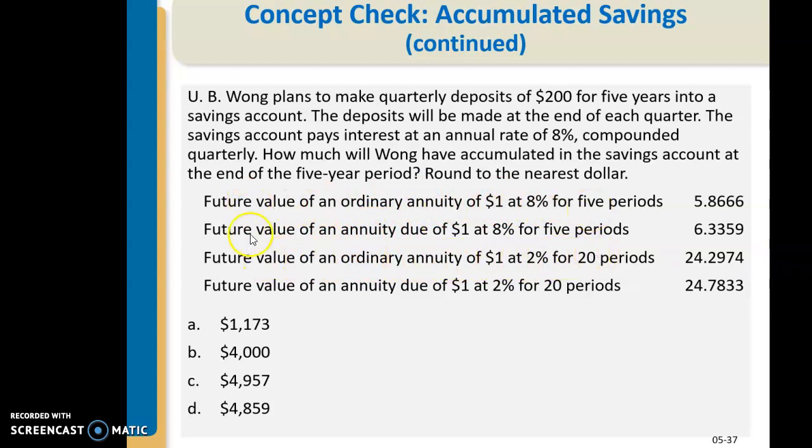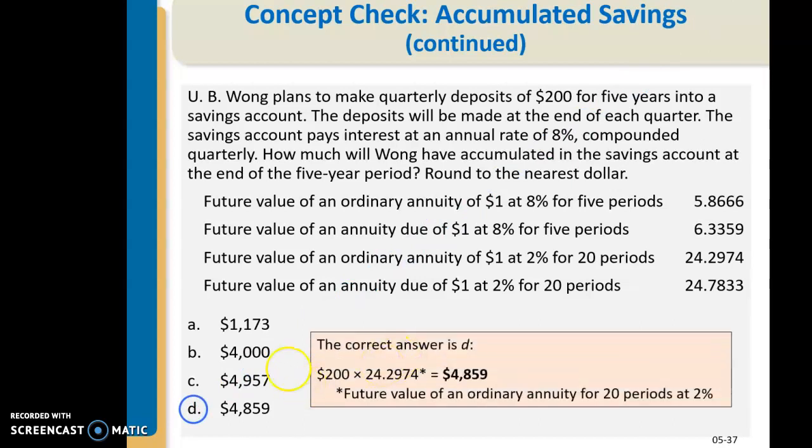It should use either of those factors. N equals 20, I equals 2%, times this factor. Did you choose answer D? $200 times 24.2974 equals $4,859 rounded.